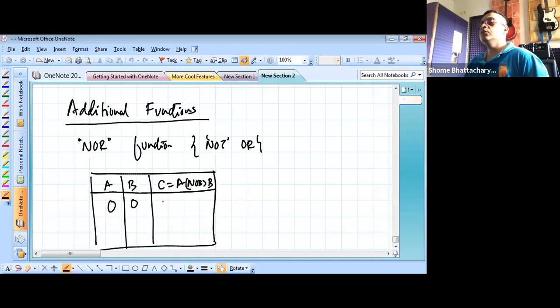Now remember, in OR function 0, 0 used to give us 0. So here it will give us 1. In OR function 0, 1 used to give us 1. So here it will give us 0. Because it is just the opposite of, it is not of OR. So this is the thing of not.